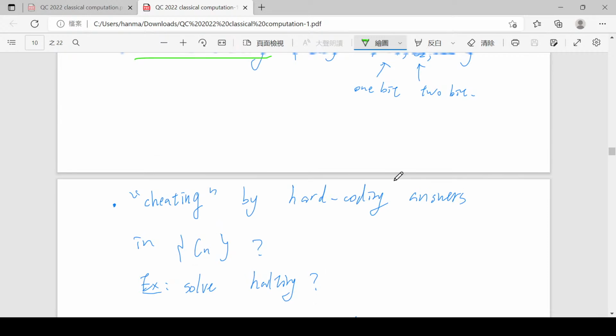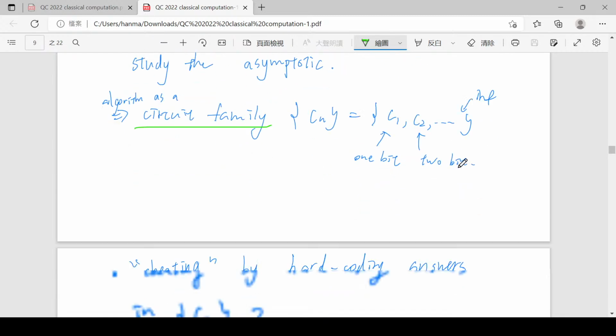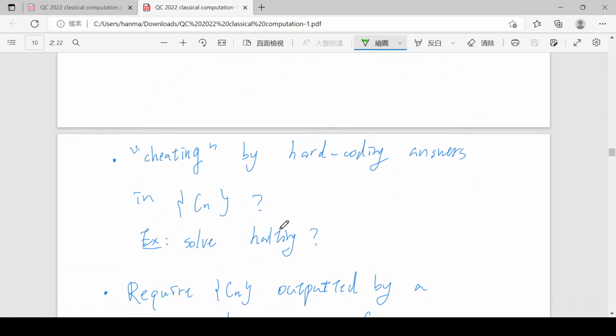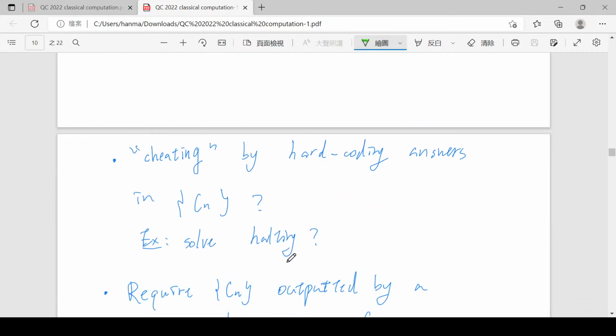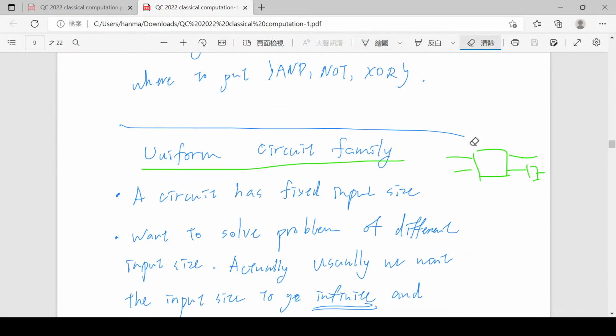For example, this actually gives you the power to solve the halting problem, because your circuit can just hard code the answer into it, and presumably it's actually possible to have a circuit family that gives you the answers. And that shouldn't be possible.